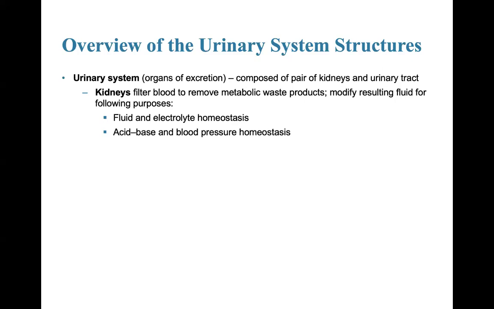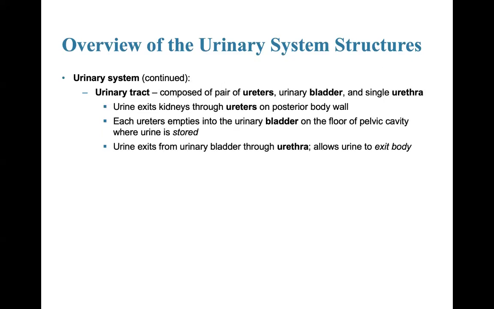It will also modify the resulting fluid for the following purposes: to maintain fluid and electrolyte homeostasis, which will also tie into blood pressure regulation, as well as maintaining an acid-base balance. Now, the urinary tract is composed of a pair of ureters, a urinary bladder, and a single urethra.